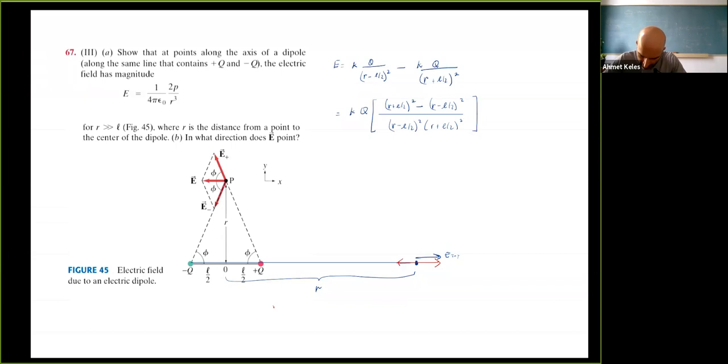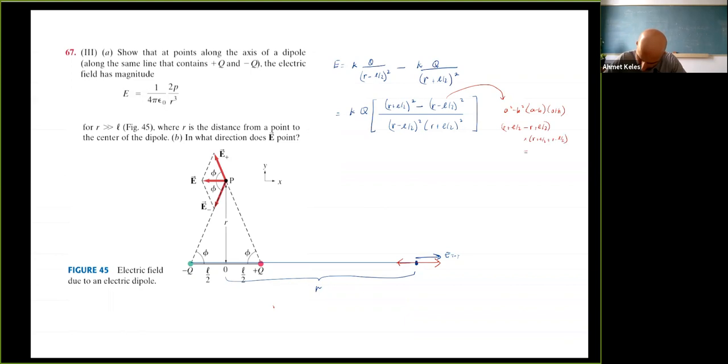For the numerator, I can use A squared minus B squared equals A minus B times A plus B. This gives R plus L over 2 minus R plus L over 2 times R plus L over 2 plus R minus L over 2.